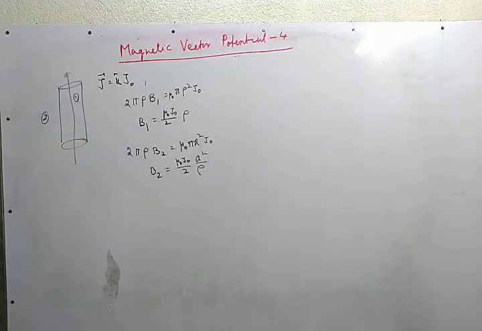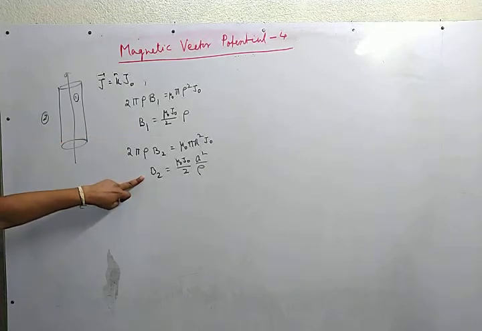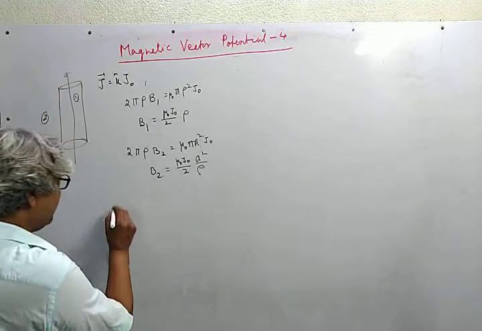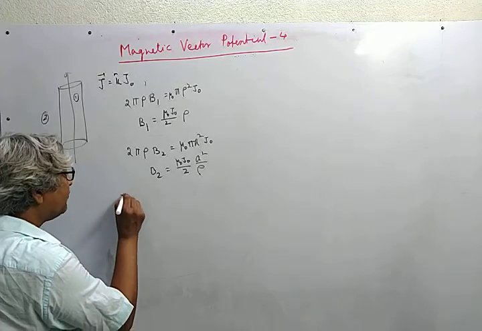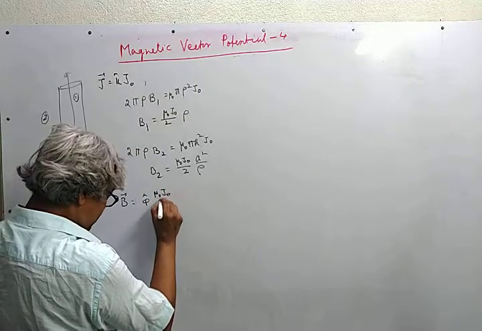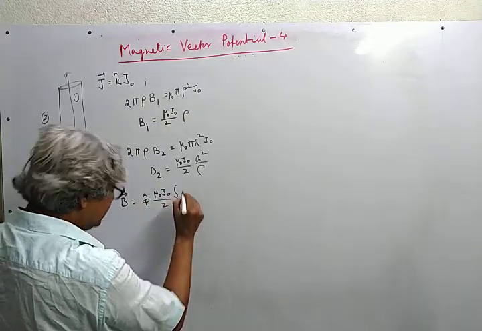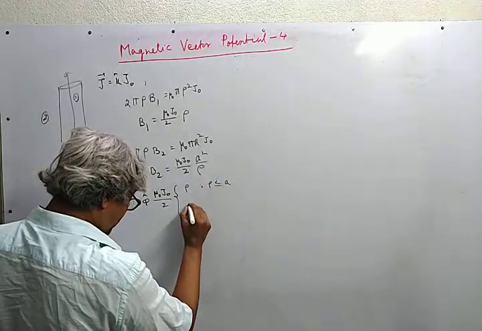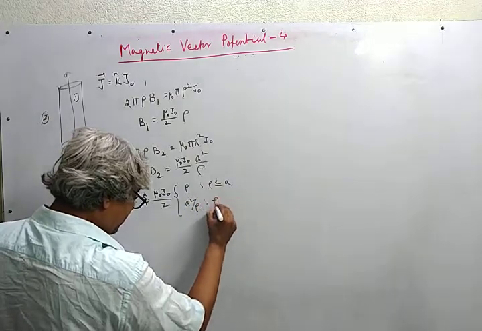This is similar to the behavior in the case of the solenoid, where we found this is the behavior of A; here it is the behavior of B. Now since the current is flowing along the z direction, A will have z components only, and we write B in vector form: B is equal to phi cap mu 0 J0 by 2 times rho for rho less than or equal to A, and A square by rho for rho greater than A.